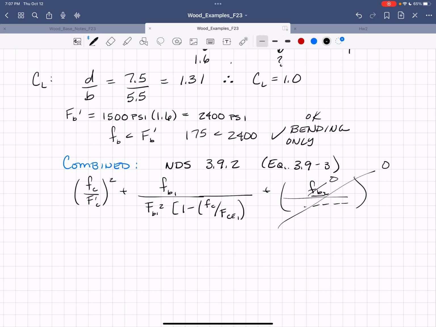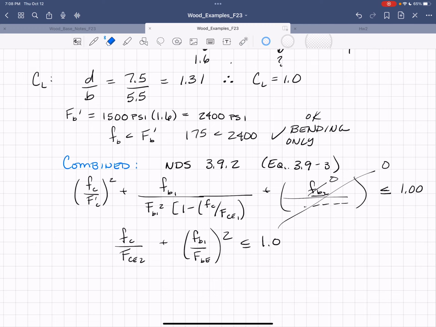It's not necessarily harder, it's just keeping track of which direction you're coming from. And that quantity maxes out at 1. And then f sub c over f sub cE2 plus f sub b1 over f sub bE squared is also less than or equal to 1.0. I don't know why I put so many decimal places on that one.